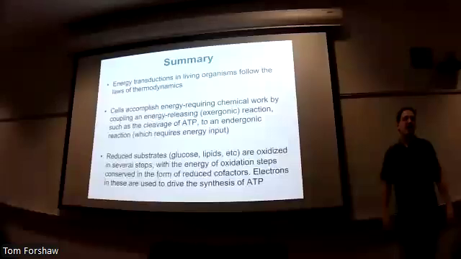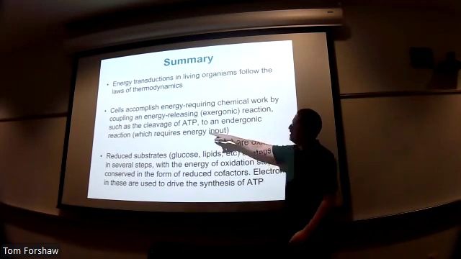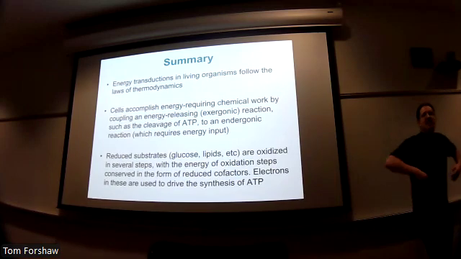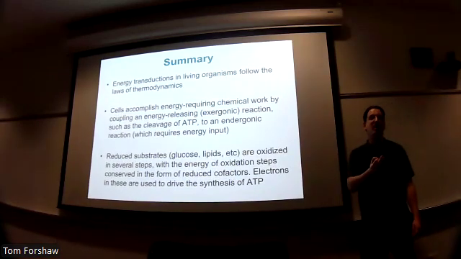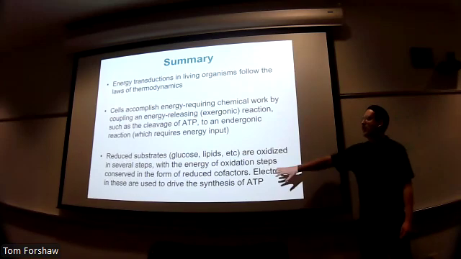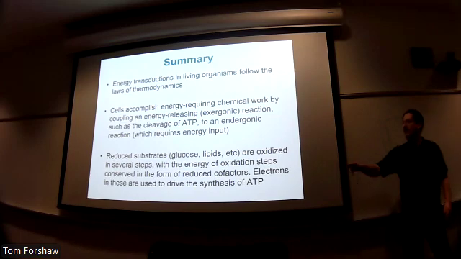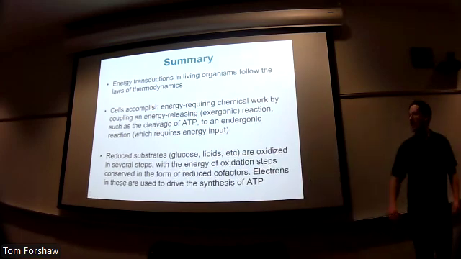Cells, and that energy comes from energy releasing reactions. And the classic energy releasing reaction is the cleavage, hydrolysis of ATP to ADP. That releases a ton of energy that we can harness to drive other reactions. Reduced substrates such as glucose, lipids being the more reduced, so there is more energy in a lipid than there is in a sugar.